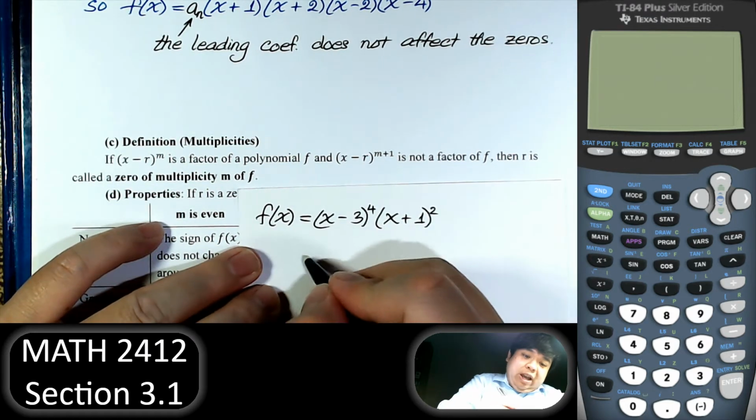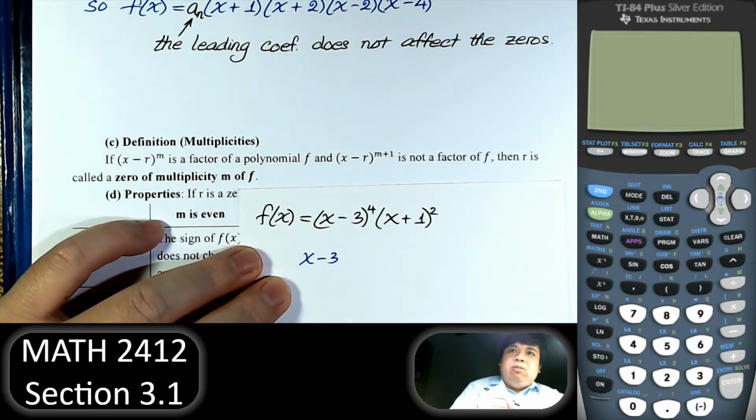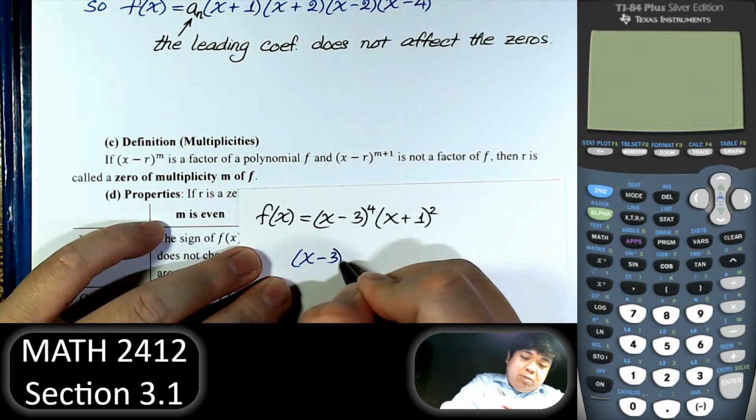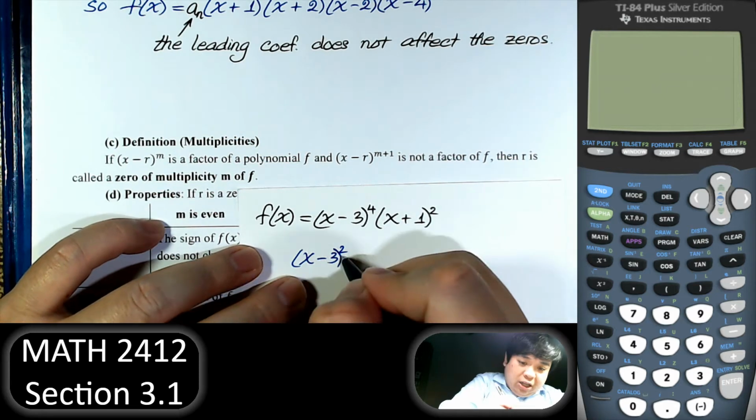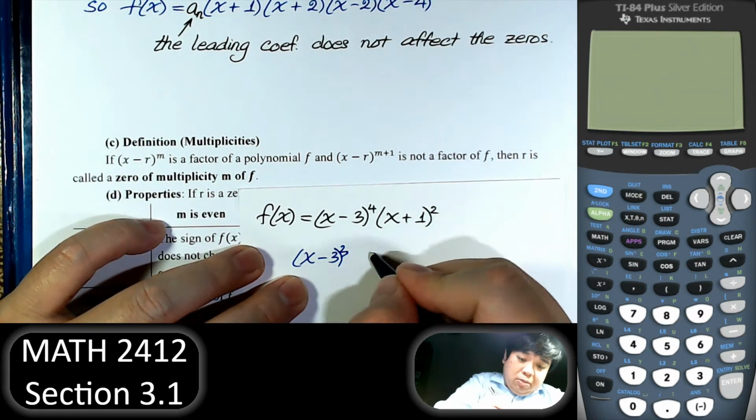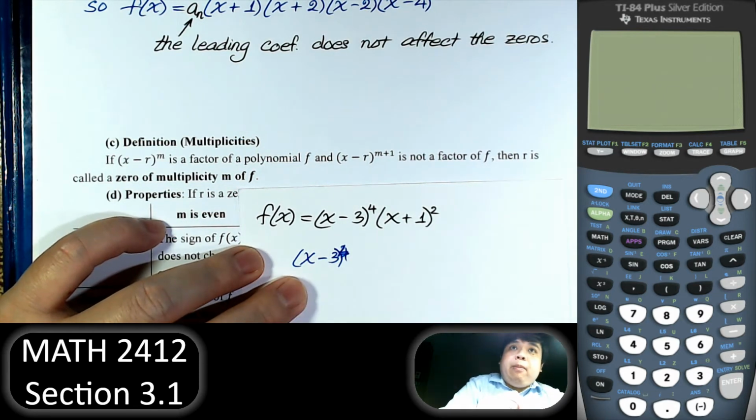And then of course we have x minus 3 is a factor, right? You can also say x minus 3 squared is a factor, or x minus 3 cubed, or x minus 3 to the 4th, right?